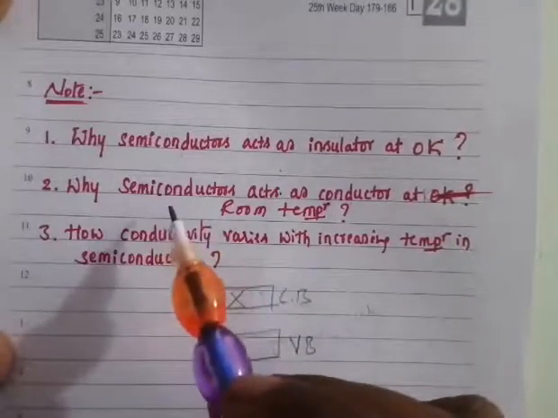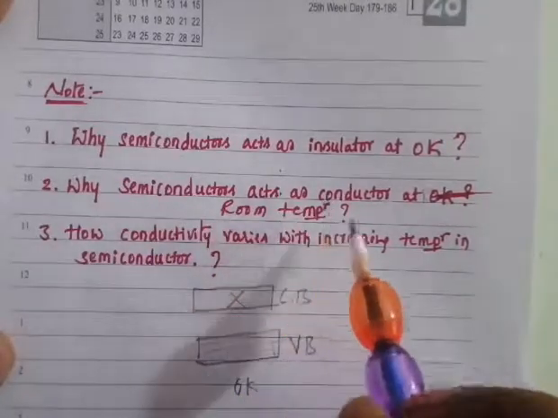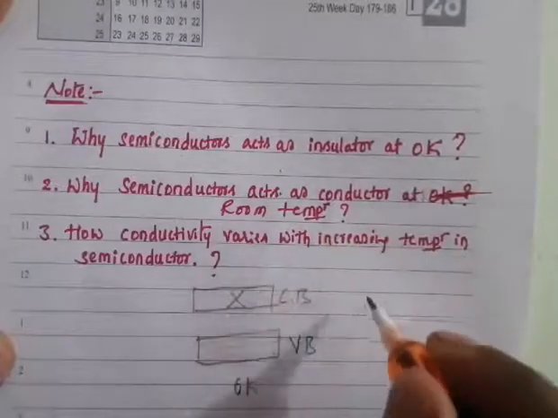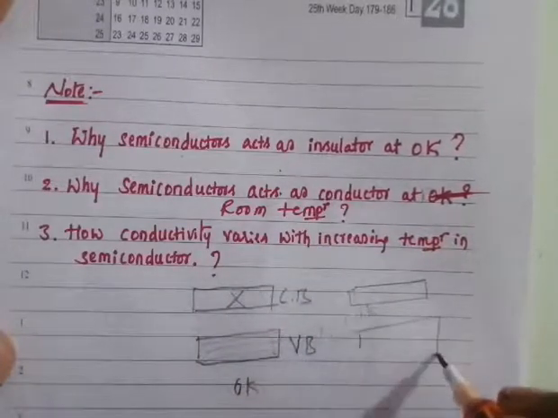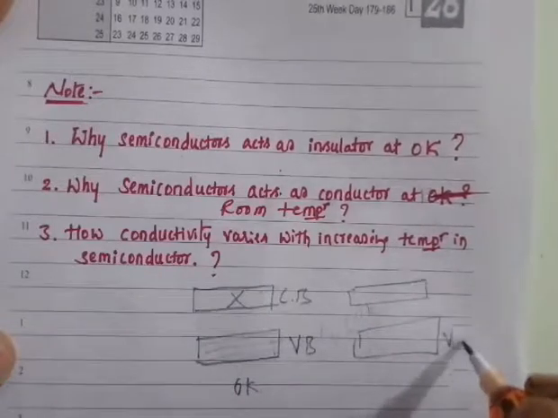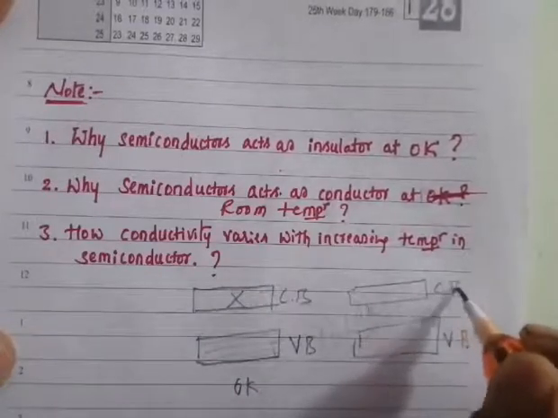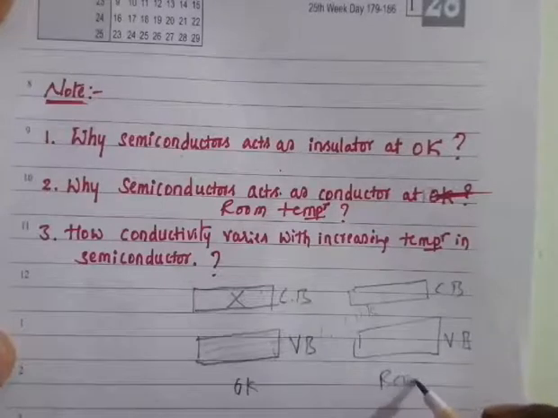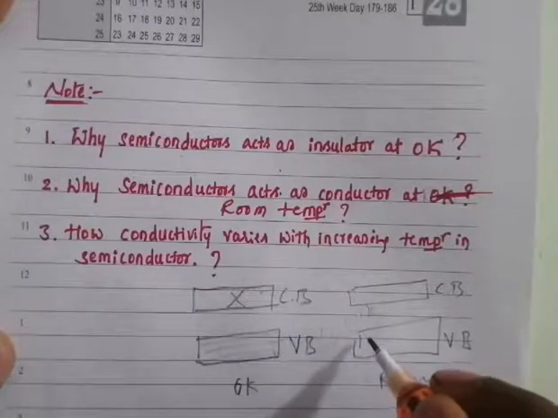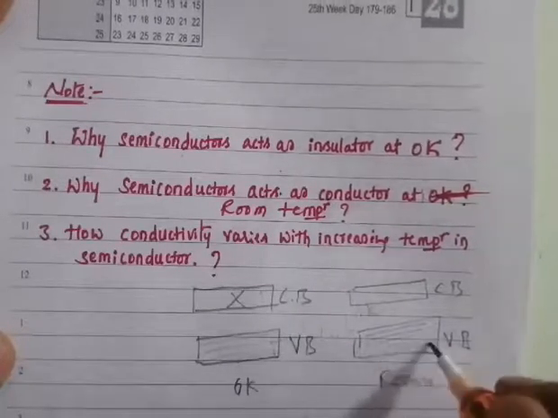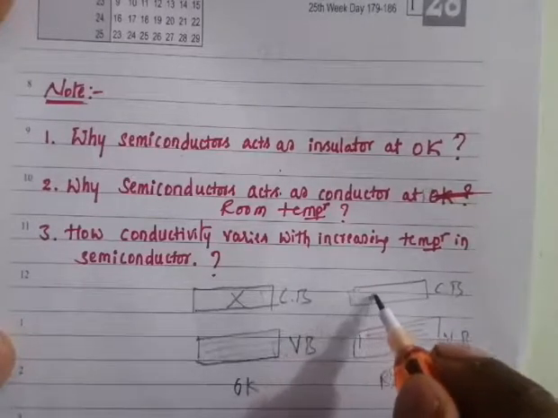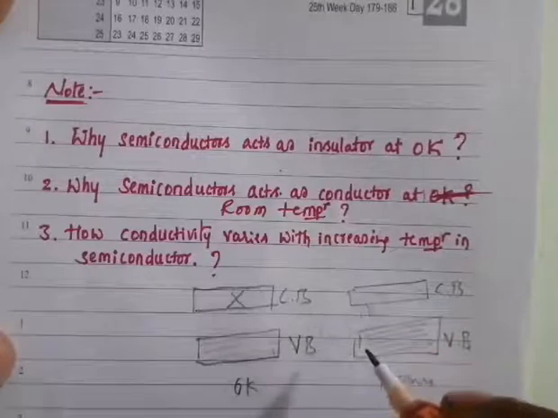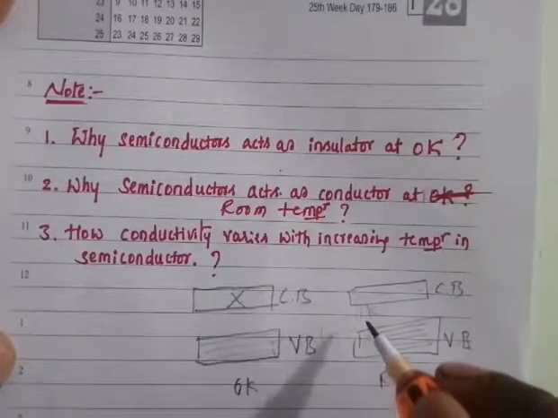Next, why semiconductor act as a conductor at room temperature? Let us answer the second question. Again, this is valence band, this is conduction band. So at room temperature, valence band is completely filled obviously, but conduction band is partially filled with electrons, that is free electrons.